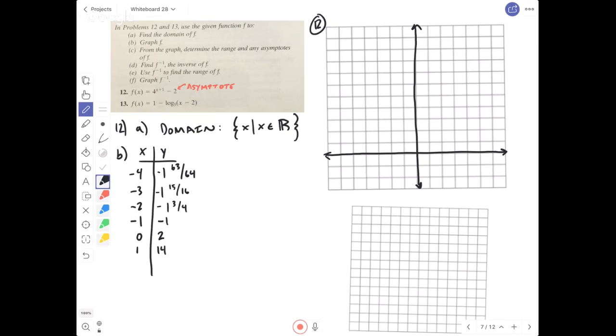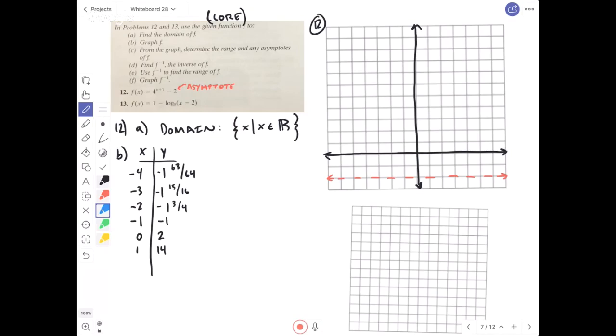Great. So I'm going to sketch in my horizontal asymptote down here at negative 2. Oh, and by the way, graphing logarithmic and exponential functions is a core standard. Okay. And then I think I'm going to graph in blue today.